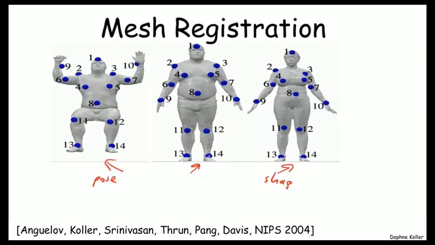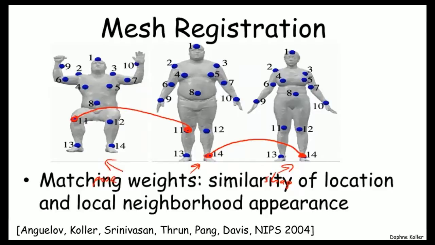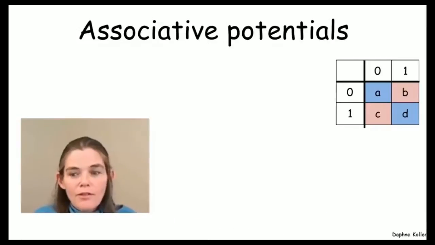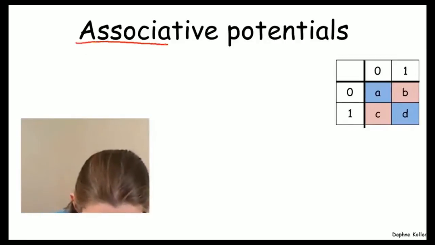So here we would like to realize that this point over here maps to this point over here, or that this point on this mesh maps to this point on this mesh. And once again, these matching weights, the theta ij, represent exactly the similarity of both location and the local neighborhood appearance.